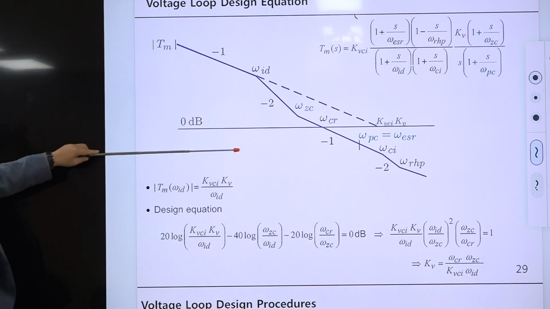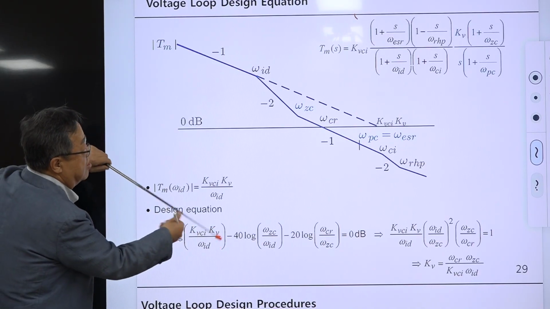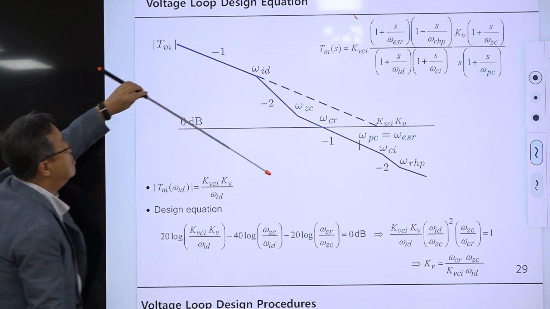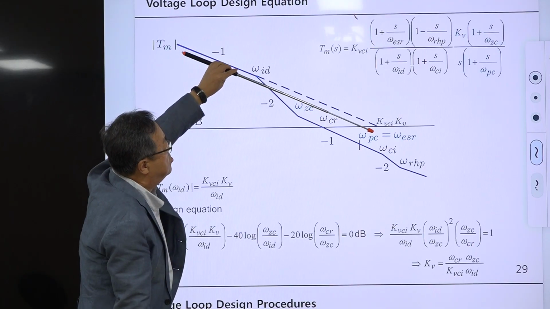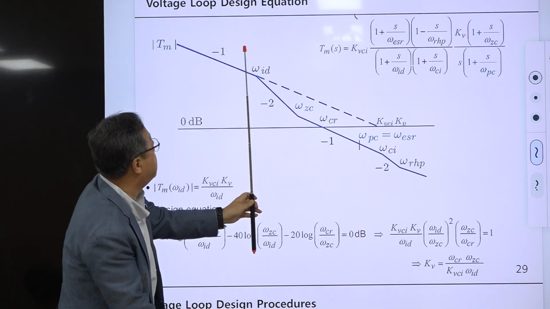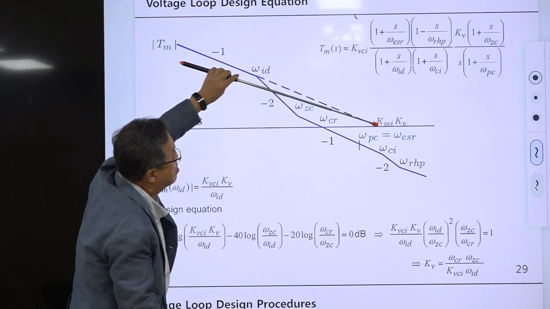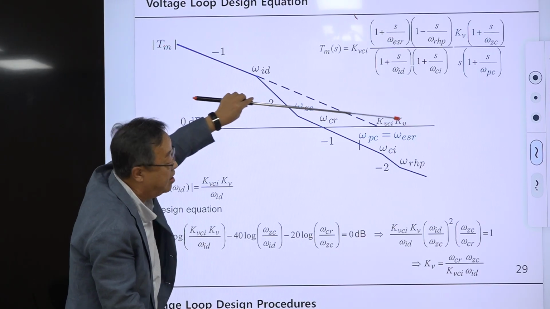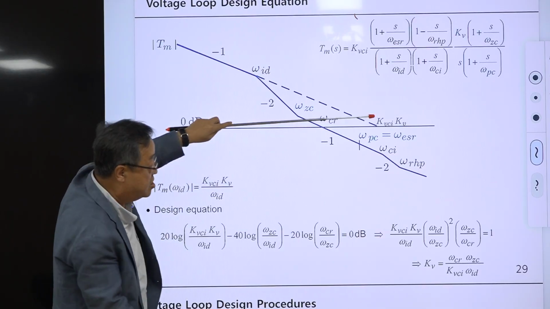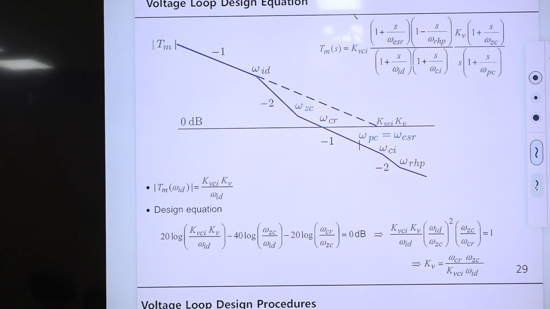We already have this structure, and as I explained in the previous lecture slide, this initial line segment is looking at this point and this point, so up to here the equation is this integrator gain divided by S. So if you evaluate the magnitude of the loop gain at this point, this is omega ID.